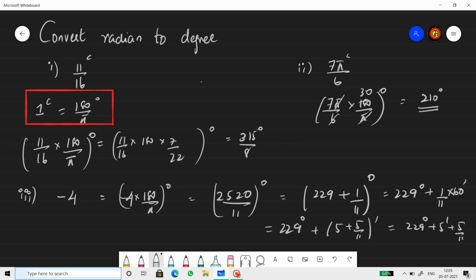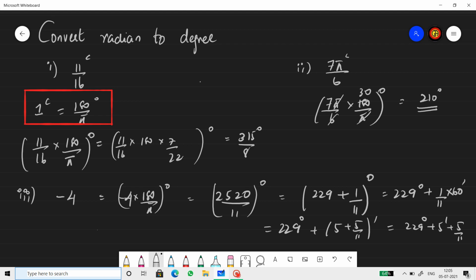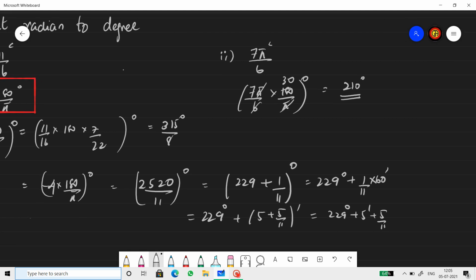I'm going to convert that into seconds, so this one multiplied by 60 will give seconds. So eventually we get 229 degrees, 5 minutes, 27 seconds as the answer. And if there is any remainder when you multiply 5 into 60 and divide by 11, just ignore it and round up your answer. Alright.